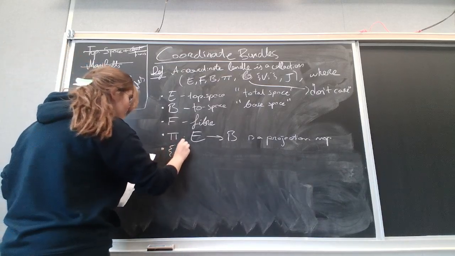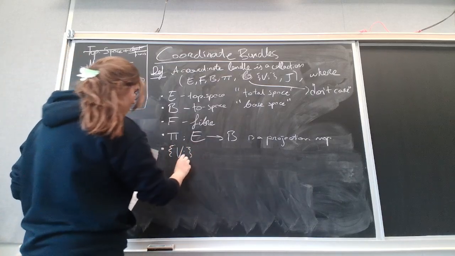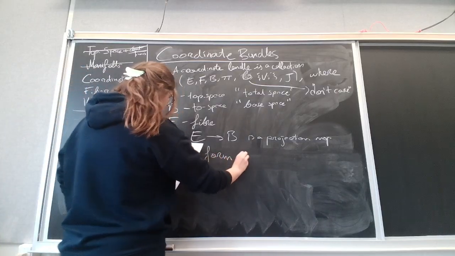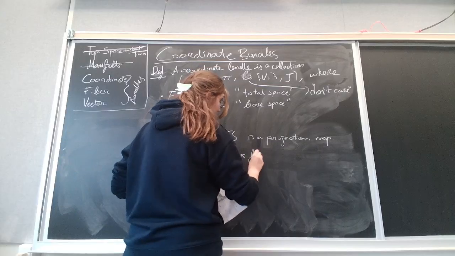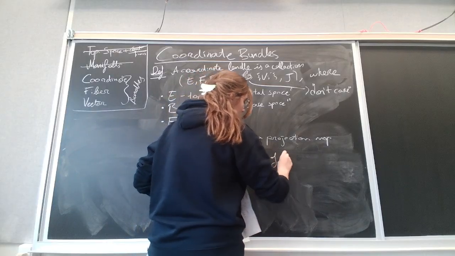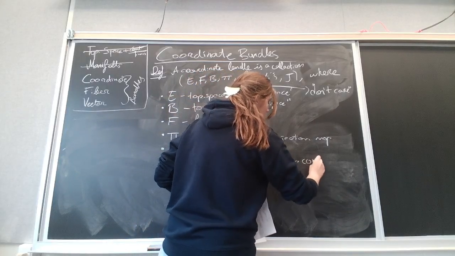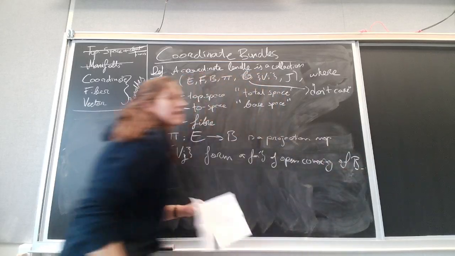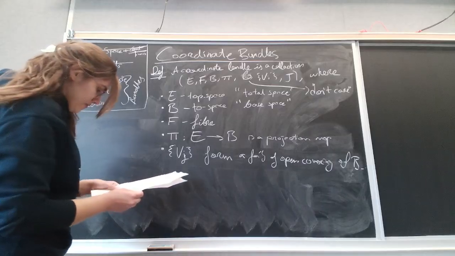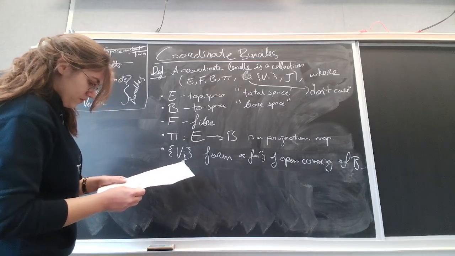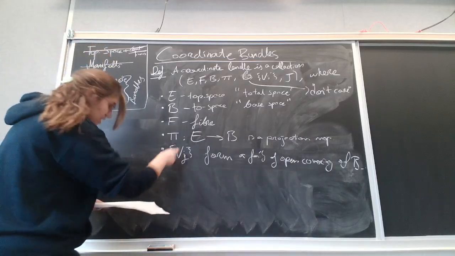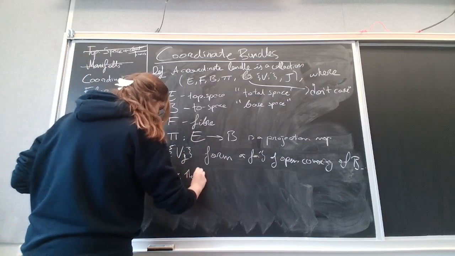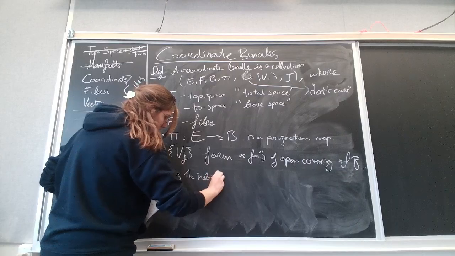So these Vjs form a family of open covering of B. And then J is just the indexing set of Js.